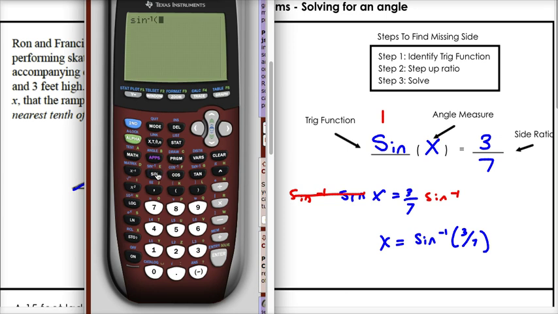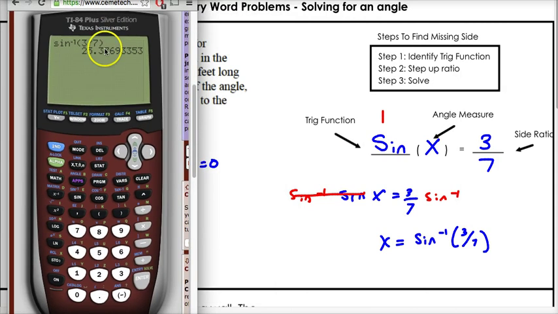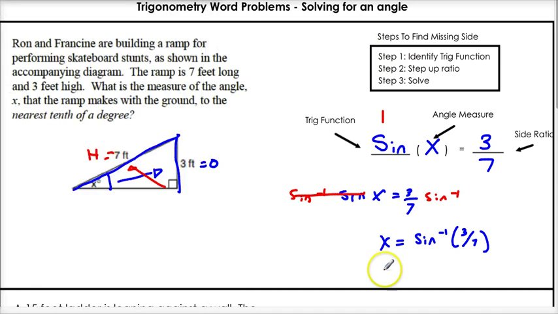So I'm going to do sine with the -1 there of 3 divided by 7, enter, and that is my answer. Now if you look here, it said to the nearest tenth of a degree. So the nearest tenth would be 25.4 because I have to round to one decimal place. So x is equal to 25.4 degrees. It'd be pretty good to write the whole sentence here, right?